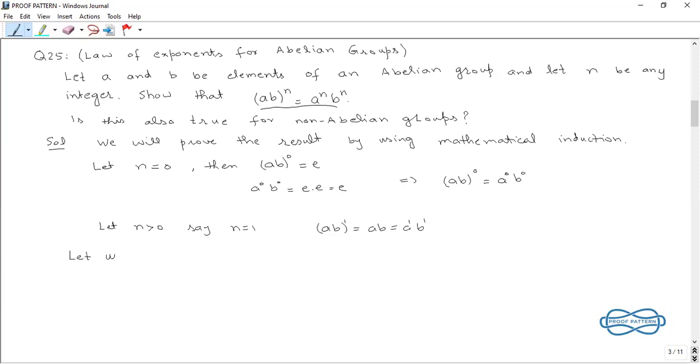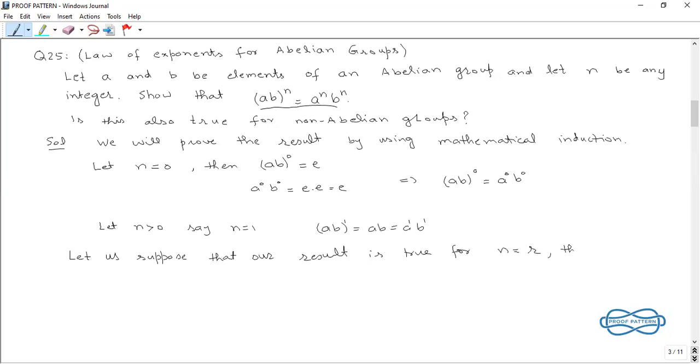Let us suppose that our result is true for n equal to r, where r is an integer.